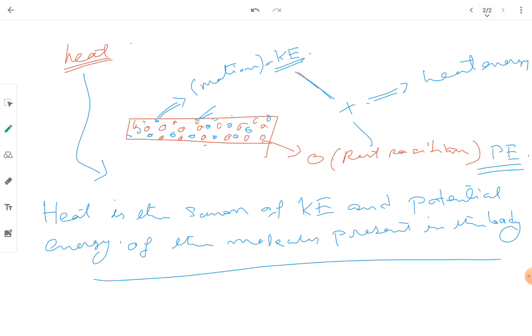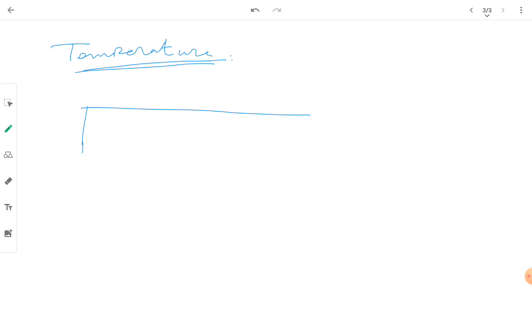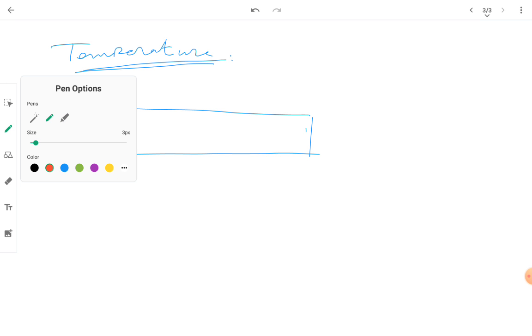Now we will be talking about the topic of temperature. Here also we will be looking at a body with many kinds of molecules.